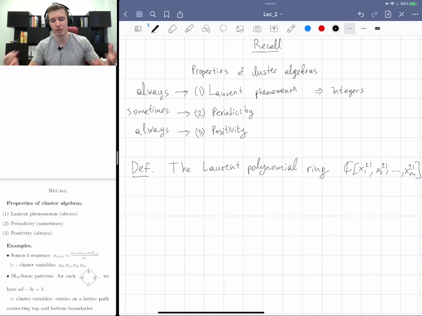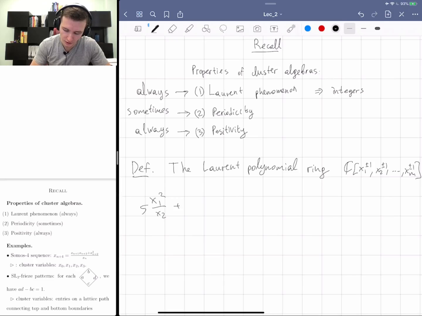So it's basically polynomials in xi and xi inverse. Let's say I have some Laurent polynomial, 5 times x1 squared over x2, plus 2/3 times x1 x2 divided by x3 squared, or something like this. If this is my polynomial, then these are the coefficients.